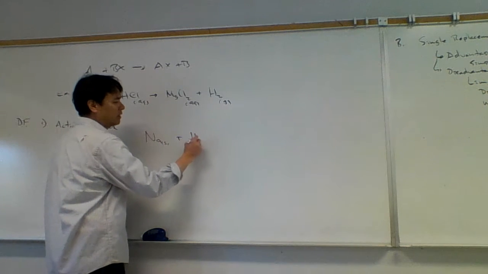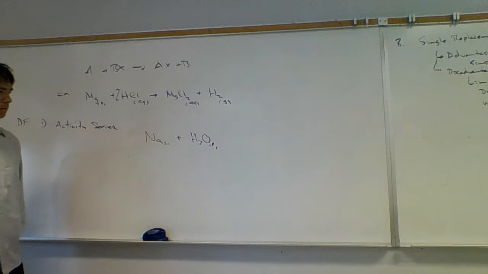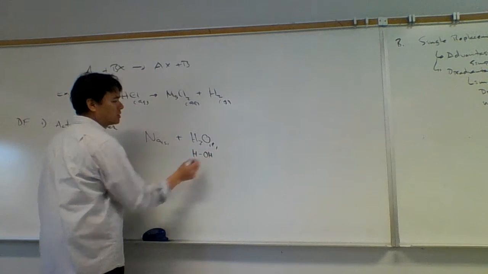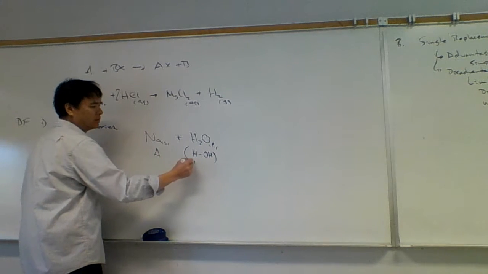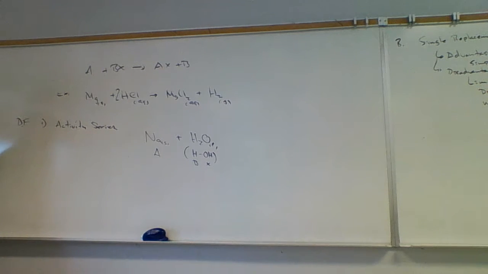It's so active it can react with water, which is an extremely weak oxidizer. And what forms? Well, in single replacement form, the way we treat water is HOH. So in single replacement form, this would be our A, this would be our B, this would be our X here. So that's our ABX.